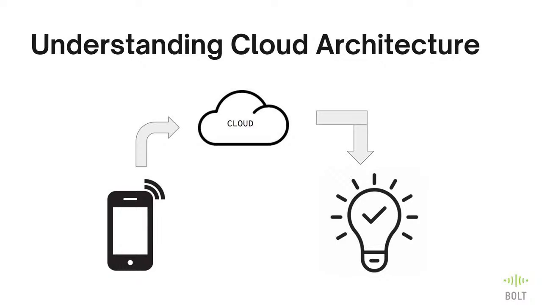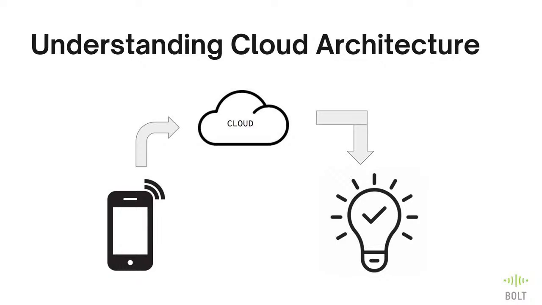Our Bolt Wi-Fi module is connected to the cloud, and our mobile phone is connected to the cloud. Whenever we want to perform any operation, we press a button, we give a command on our mobile phone, it communicates with the cloud and gets our task done. Suppose I want to turn a bulb on. I'll go to the mobile app and click the button to turn the bulb on.